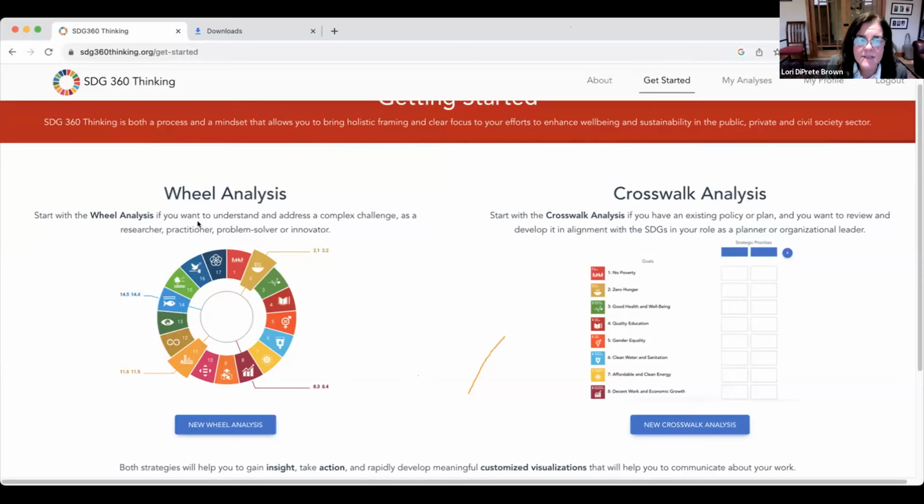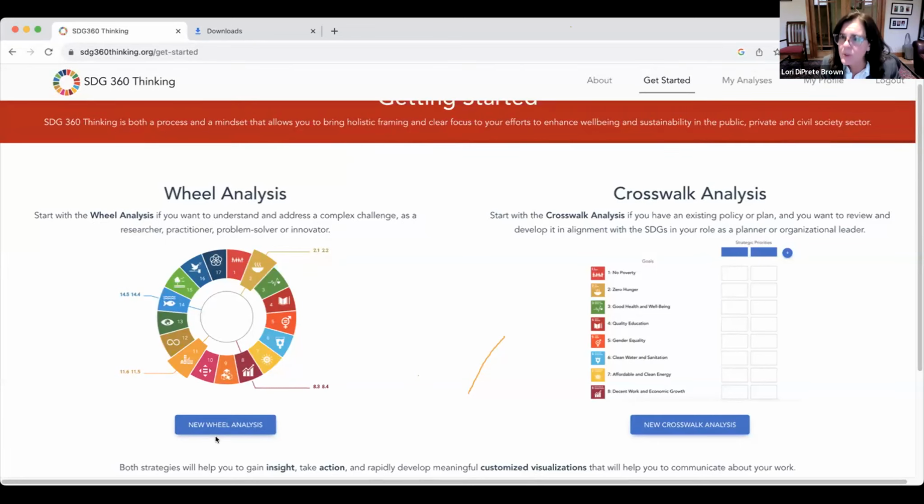And the wheel analysis you use if you want to understand and address a complex challenge as a researcher, a practitioner, a problem solver, or an innovator. So that's for me. Both of these strategies are going to help you get insight, think about how to take action, and develop some customized visualizations.